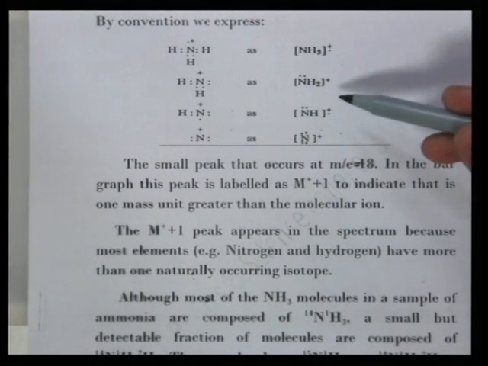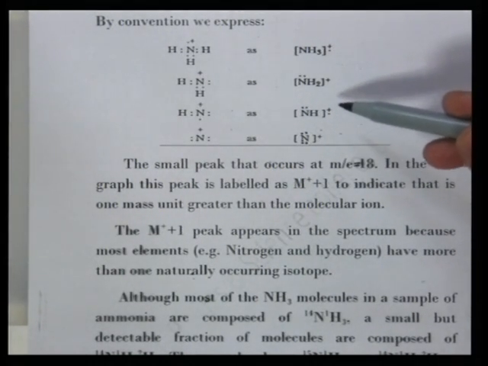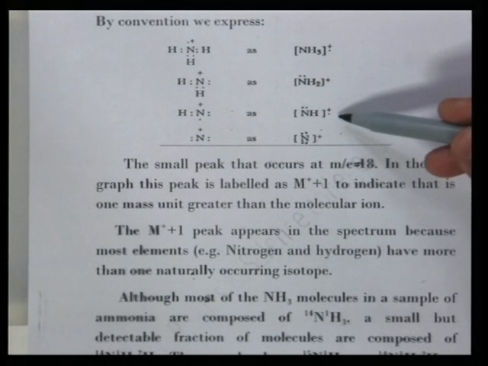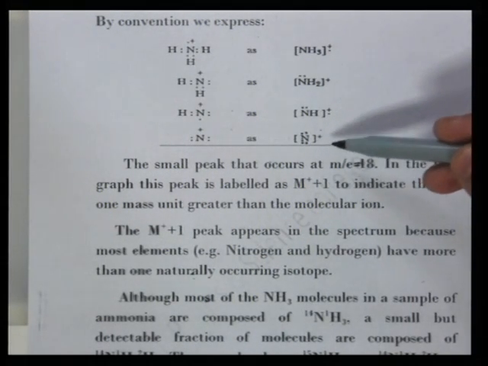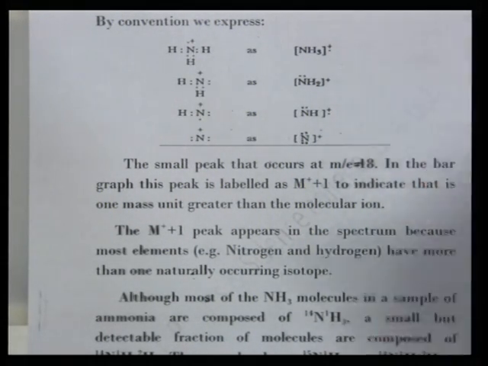Similarly, NH2 plus is written like this, NH plus is written like this, and N plus like this. The small peak that occurs at m/z 18 in the bar graph is labeled M plus 1 to indicate that it is one mass unit greater than the molecular ion.